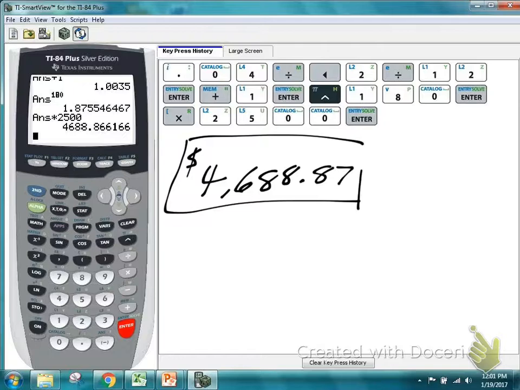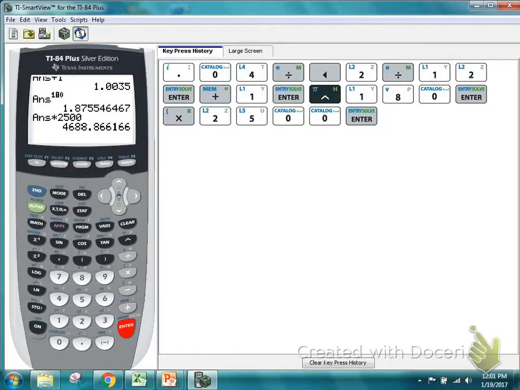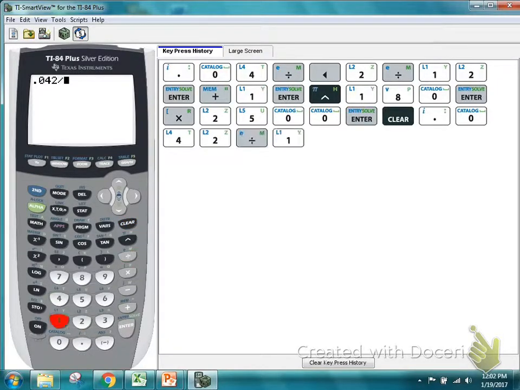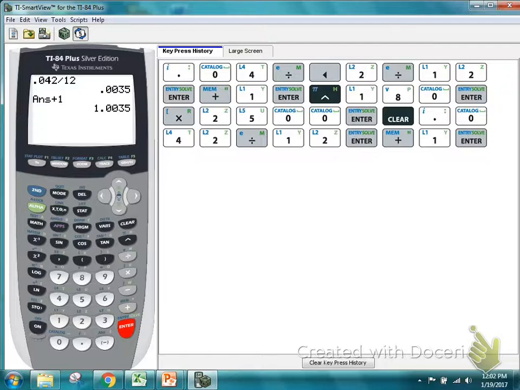Hopefully I have that answer written down here. I'm going to go through everything one more time quickly, because you will do the next one by yourself. First thing you do is 0.042 divided by the 12 to give you that fraction first. You add the 1 inside the parentheses to that.